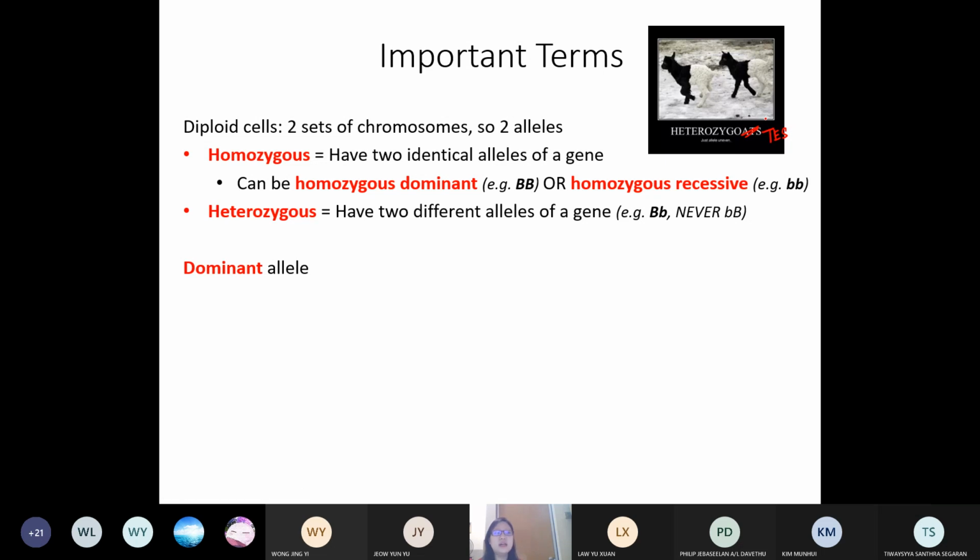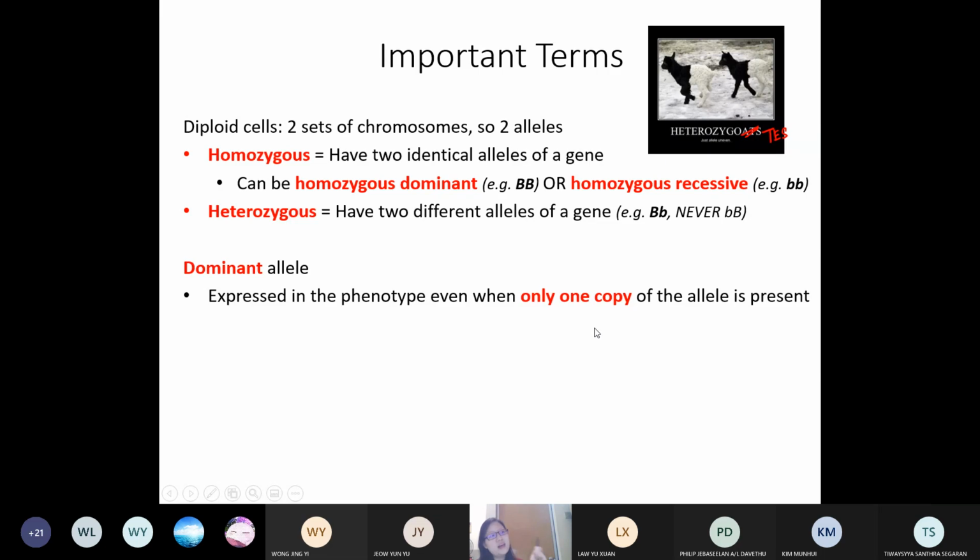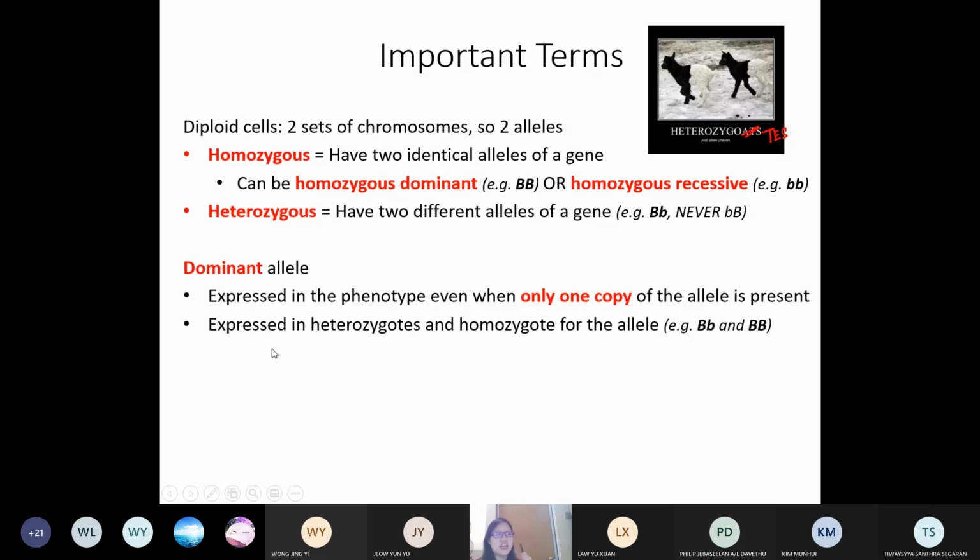Okay. What is a dominant allele? You already know this, but how do you put it in words? You know that if it's there, it will get expressed. But how do you put it in words? Let's go. Number one, it's expressed in the phenotype even when only one copy of the allele is present. So it's expressed in heterozygotes and homozygotes for the allele.